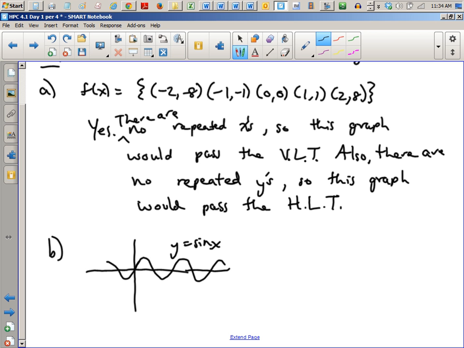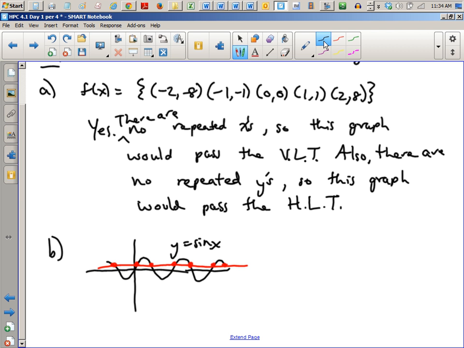No. It's not one-to-one. You can see if you draw a horizontal line, this thing fails miserably. In fact, not only is there not at most one contact point, how many contact points do we have? Infinite amount. 2 per period forever in both directions. So that's way too many. Even 2 is too many, right? And this is way too many.